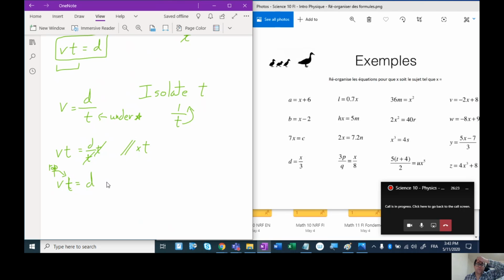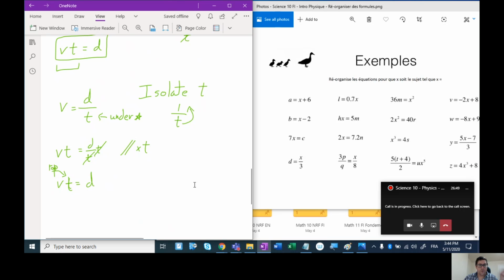So what did we do? We just timed by T. That got it from under back on top. When we timed by T, we got rid of the bottom, divide by T. And collateral damage, we got a T on top here.